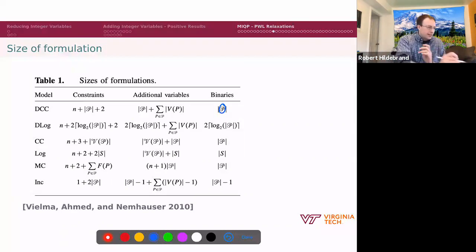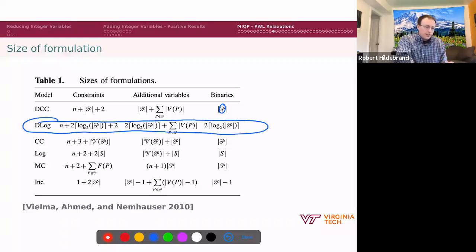And what they found was a nice model that's compact, where the number of binary variables that you need is logarithmic in the number of sections of the piecewise linear function. And that's precisely the paradigm we're in for this approximation, that the number of piecewise linear portions you have is actually exponential in the number of variables that you have.